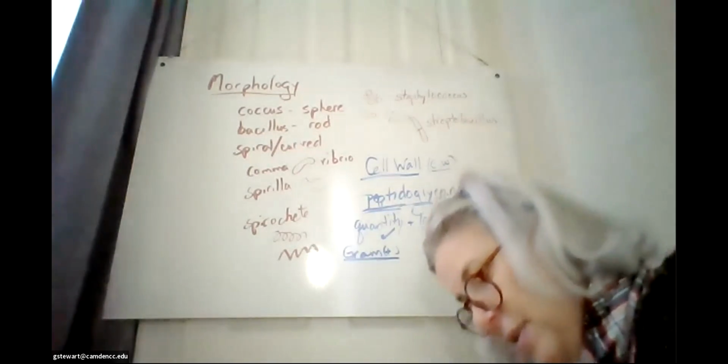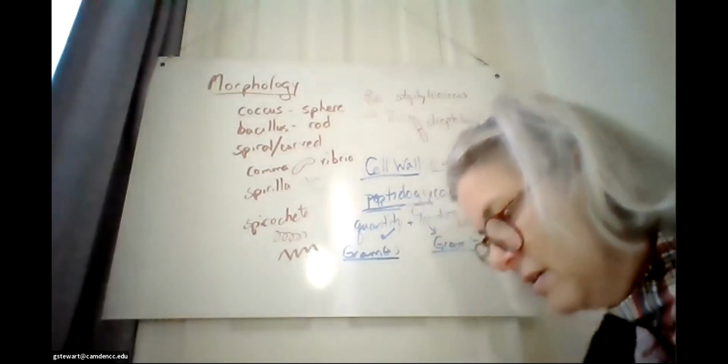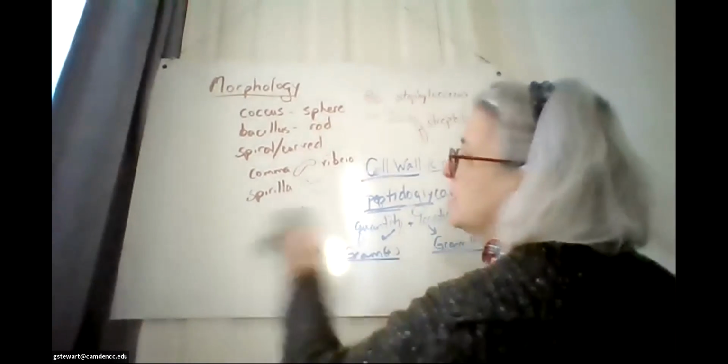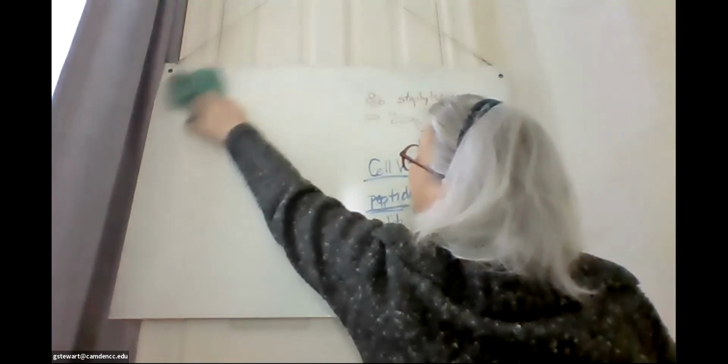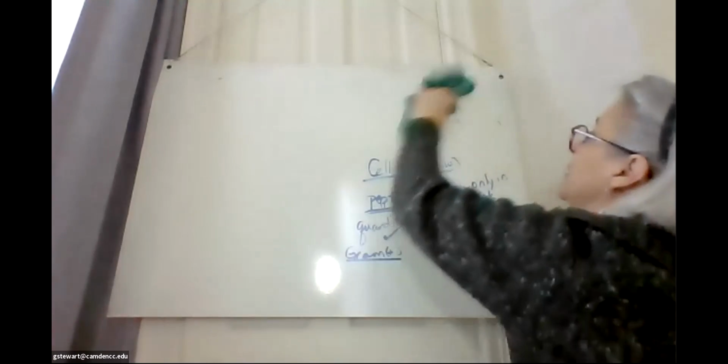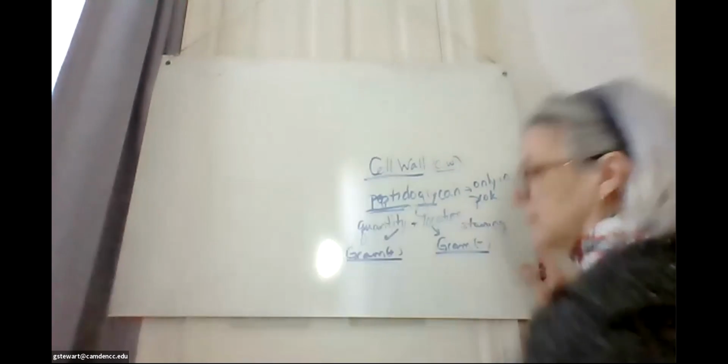All right, some other interesting features of bacteria, other interesting structures they have that help with what we call their virulence, or making them really good at making you sick, let's say.